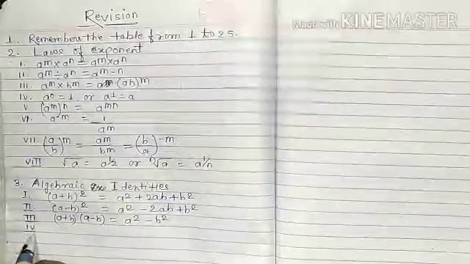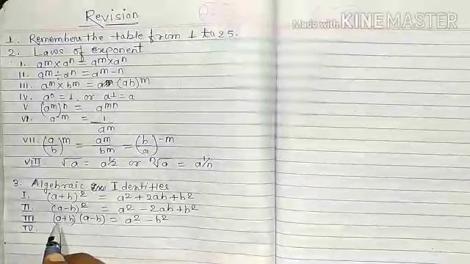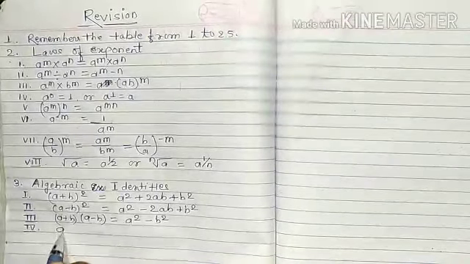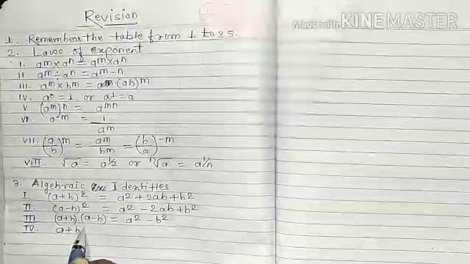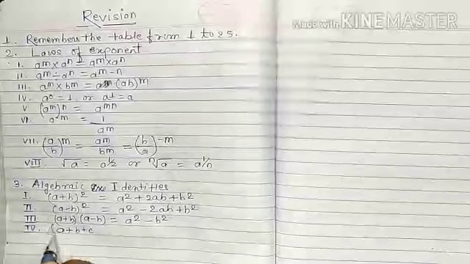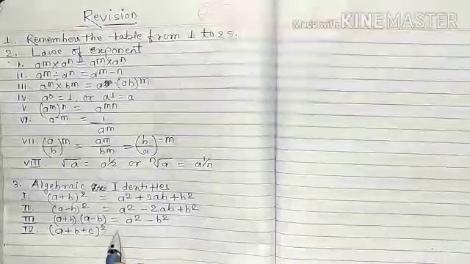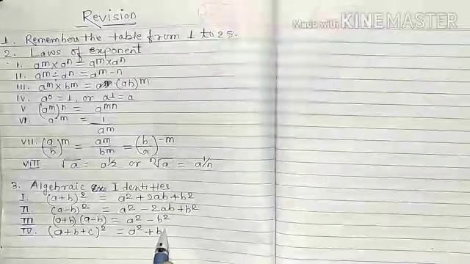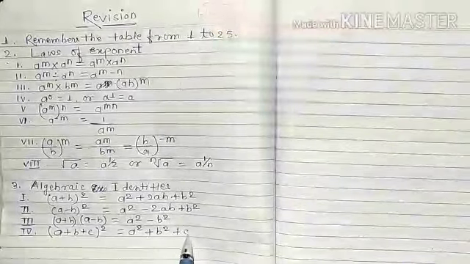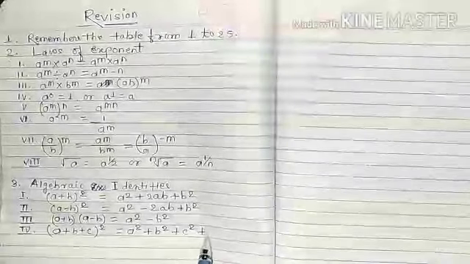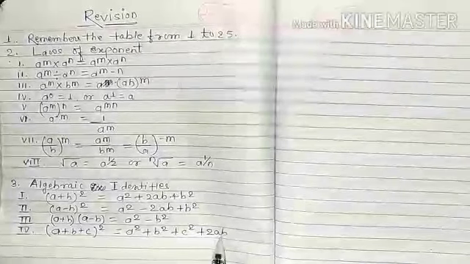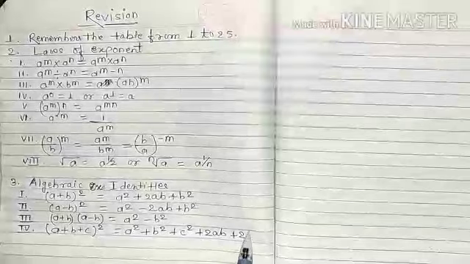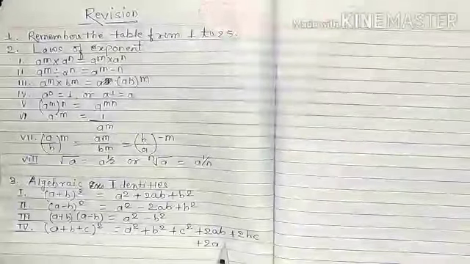And fourth identity is a plus b plus c whole square is equal to a square plus b square plus c square plus 2ab plus 2bc plus 2ac.